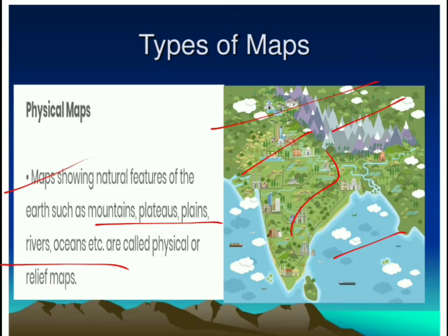In this map we get all the features in one map. So this map is called the physical map.